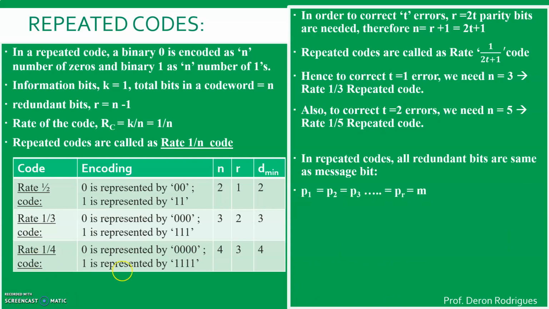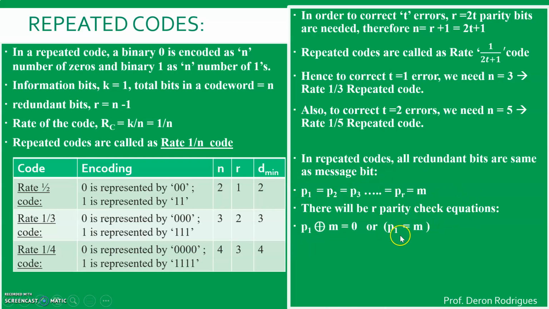As we know that the parity bits are equal to the message bits. In this case, if at all you see rate 1 by 4 code, all the parity bits are the same. So we can write P1 is equal to P2 is equal to P3 is equal to PR is equal to M because all parity bits are same. And there are R parity bits and hence we can get R parity check equations which can be derived from this main equation itself.